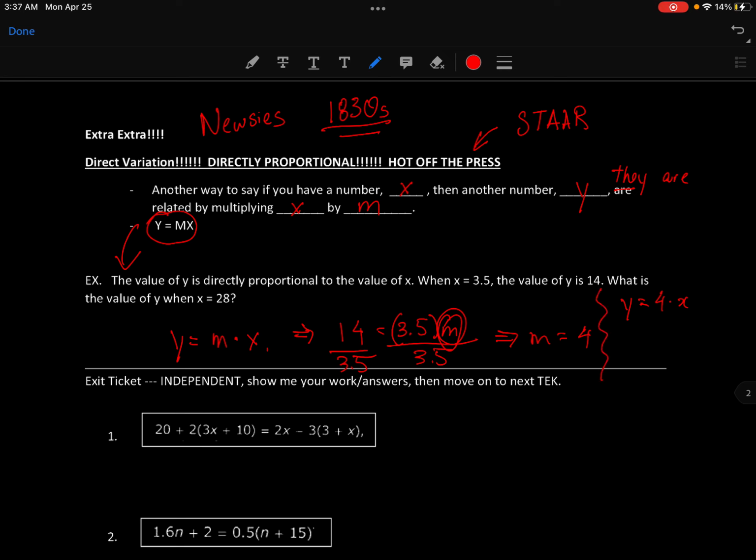So if y is 4 times x, look at the question, what is the value of y when x is 28? Well, y is always equal to 4 times the value of x, which what they're asking for is 28. Therefore, y is equal to 4 times 28, which is 112, and we are done.